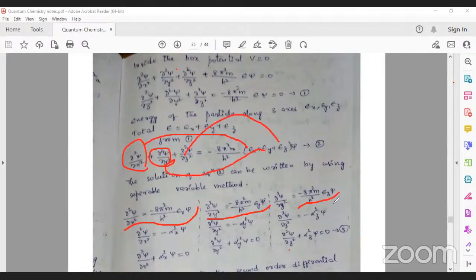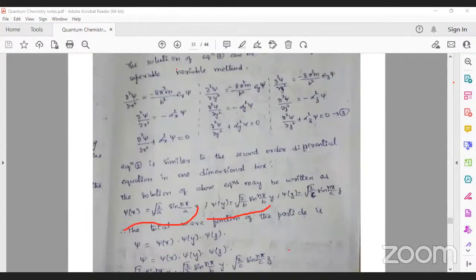So therefore, we will get three equations: this is the first equation, this is the second equation, this is the third equation. See, these three equations are all similar to the particle in a one-dimensional box, right? These three equations are second order differential equations, and the solutions of the three second order differential equations can be written with the help of the particle in a one-dimensional box, right?